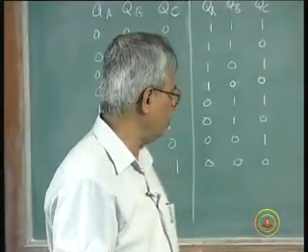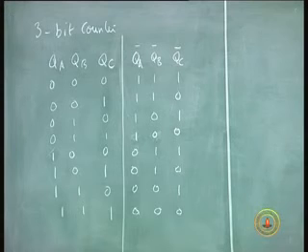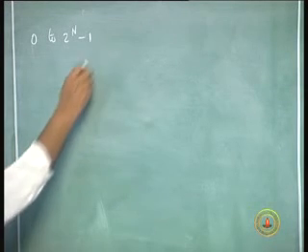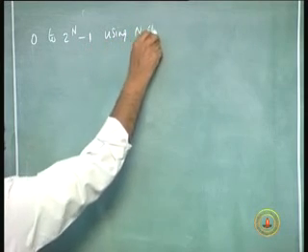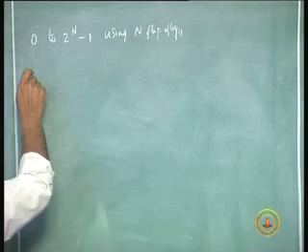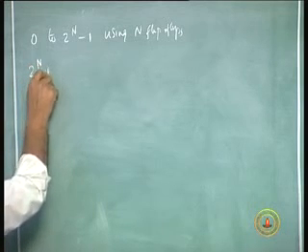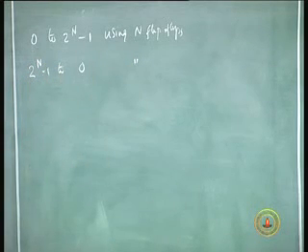So I can have a 0 to 2 power n minus 1 counter using n flip-flops, and a 2 power n minus 1 to 0 counter also using the same n flip-flops, depending on where I take the outputs from.